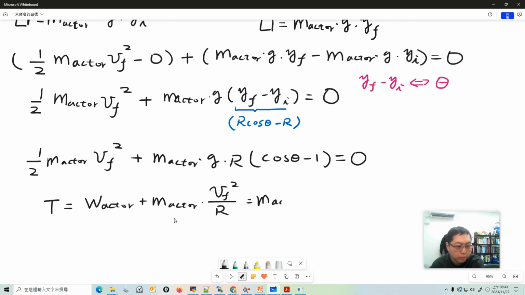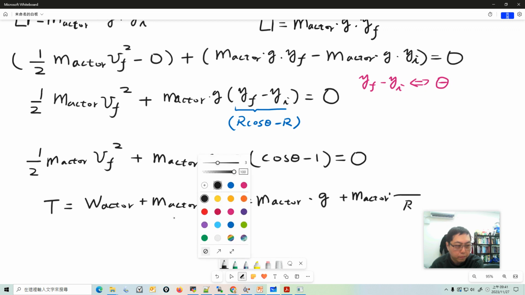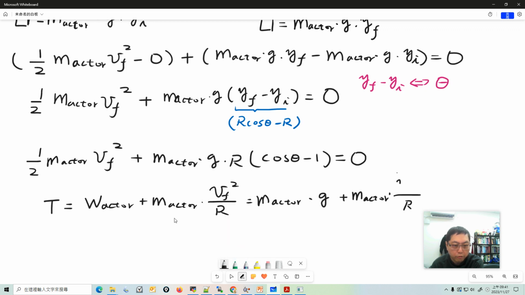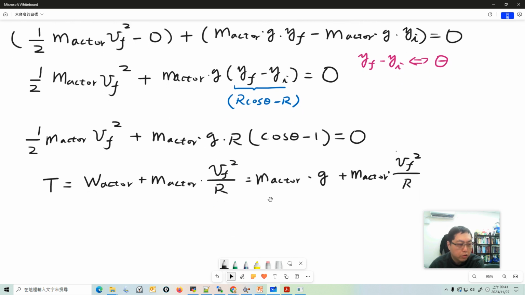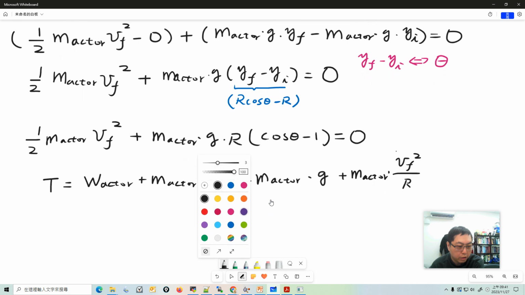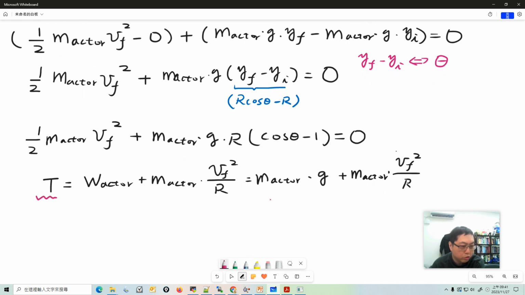So T is m actor times g plus m actor times R vf square. So we get the T tension, and tension has a relationship here.